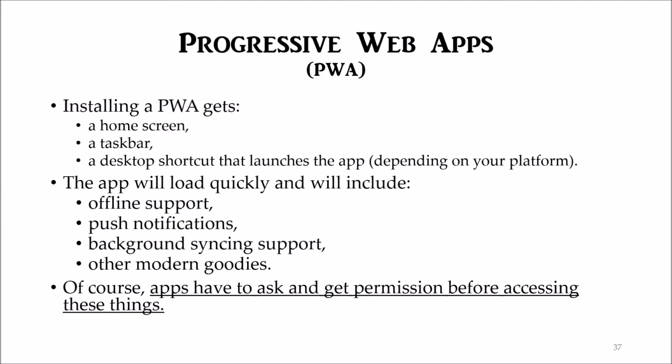Also, the PWA will give you offline support, be able to take notifications from the app. It'll allow you to sync in the background with other things. And of course, before they do any of those things, they have to ask and get permission before doing it.